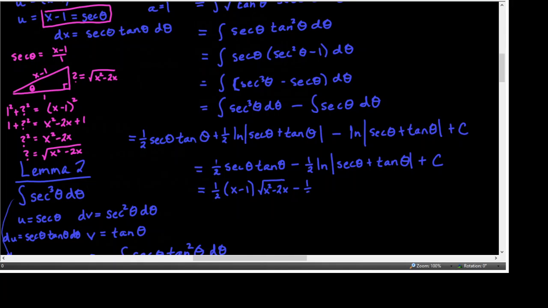Minus 1/2 natural logarithm of the absolute value of secant theta, which is x minus 1, plus tangent theta, which is that radical over 1 again, so that radical, plus C.